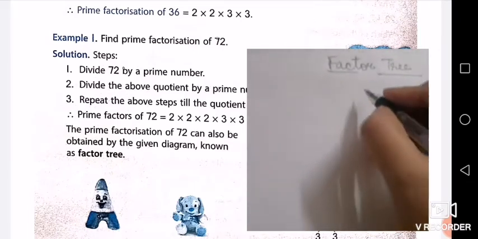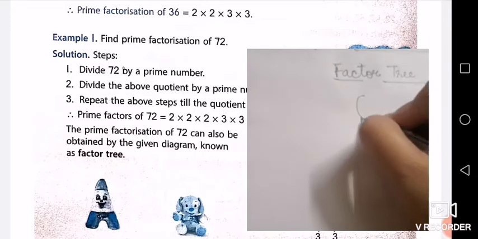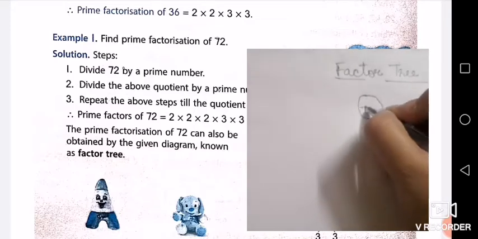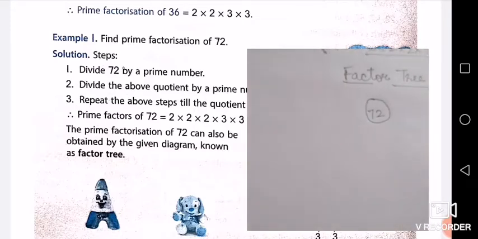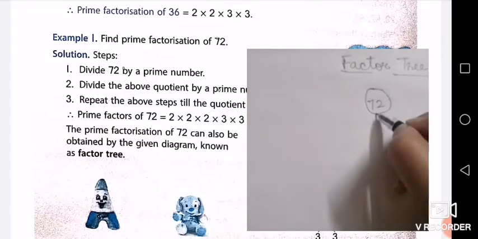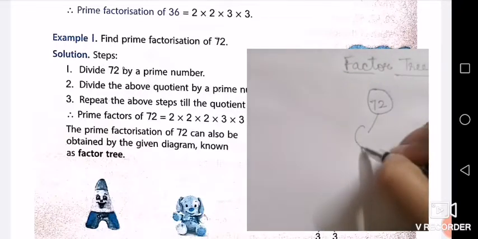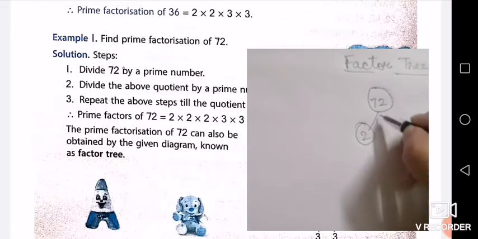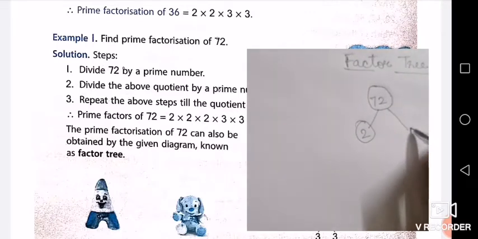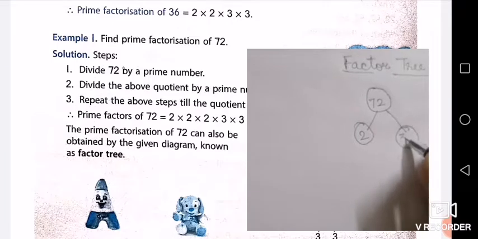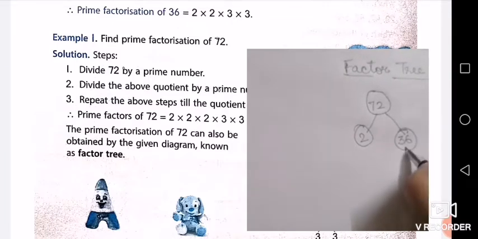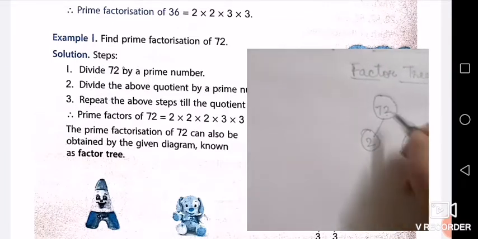So let us start. First of all you will write 72. Now for this 72, the first factor will be 2, and what is remaining here? Yes, 36. When you multiply 36 by 2, you will get 72.